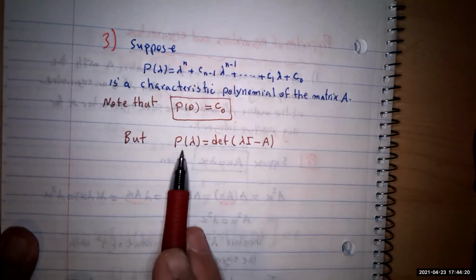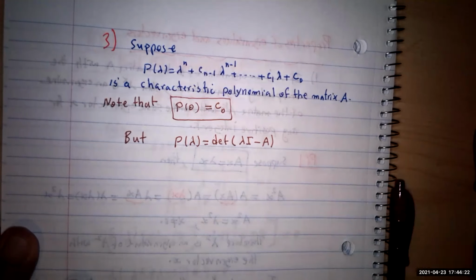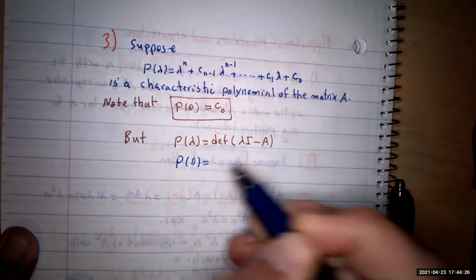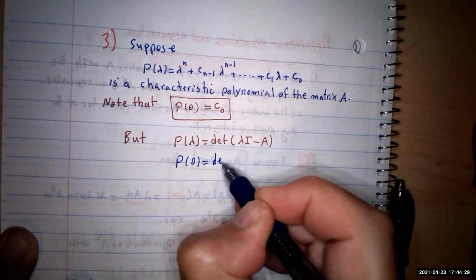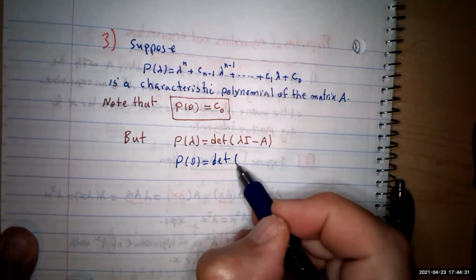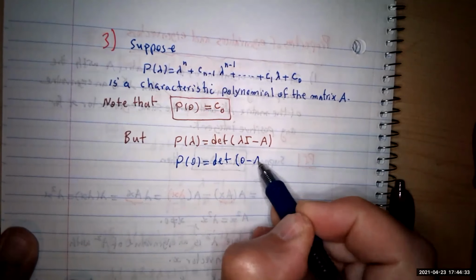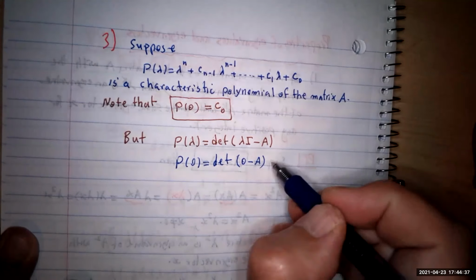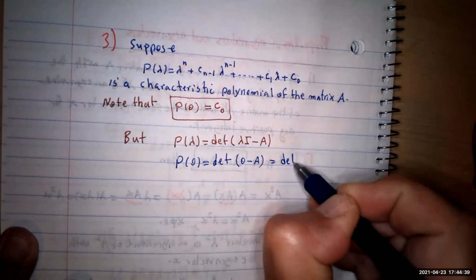Let's find out what P of 0 is. If you replace lambda by 0, that gives you something nice: the determinant of 0 minus A, which is just the determinant of negative A.